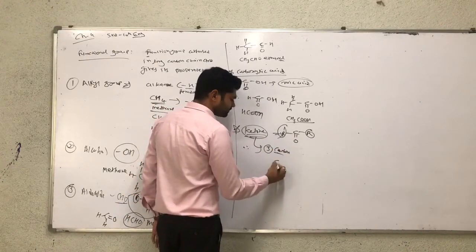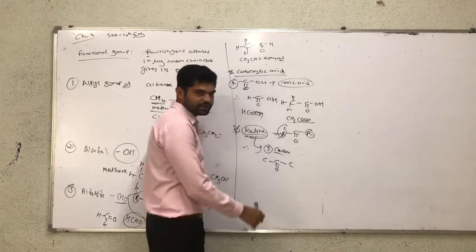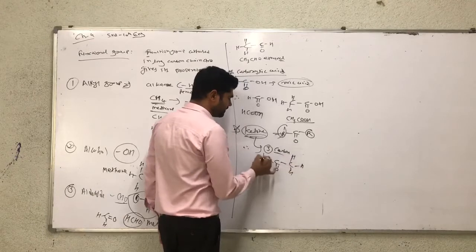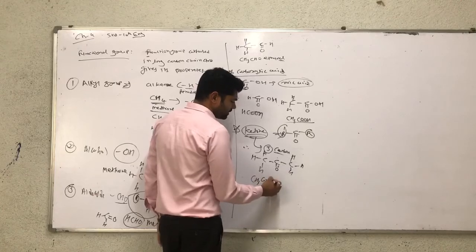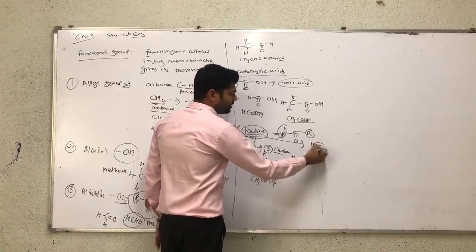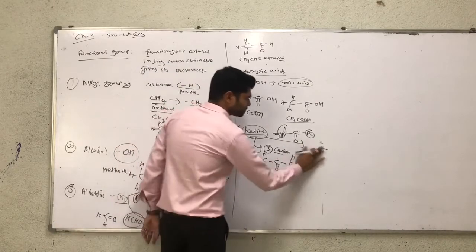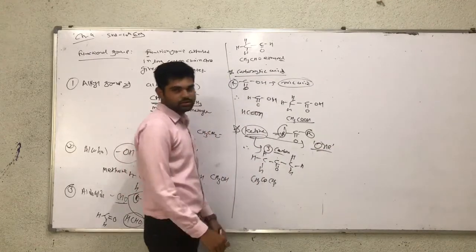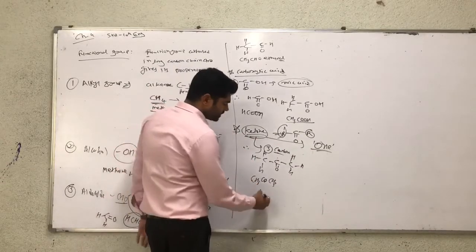3 carbon means one functional group attached, and here another 2 carbons. So the valency of this carbon, 4, is completed. Now each end carbon is completed with 3 H. In a similar way, left and right side. So the answer is CH3COCH3. The suffix used in a ketone is ONE. 3 carbon means propane, and the ONE suffix is used, therefore propanone.